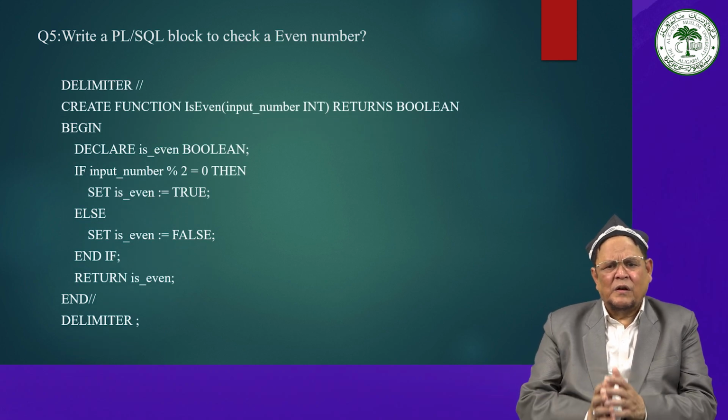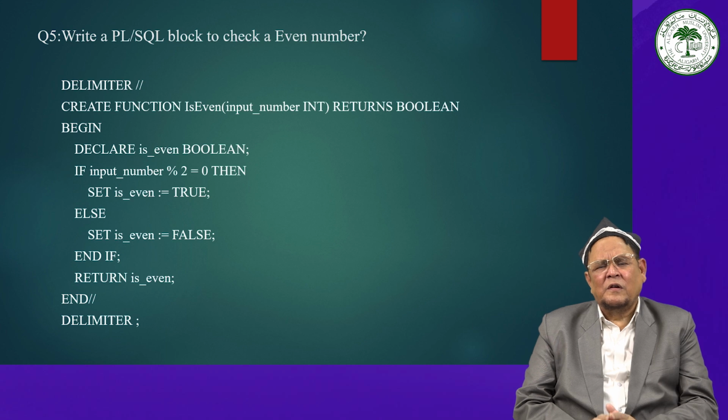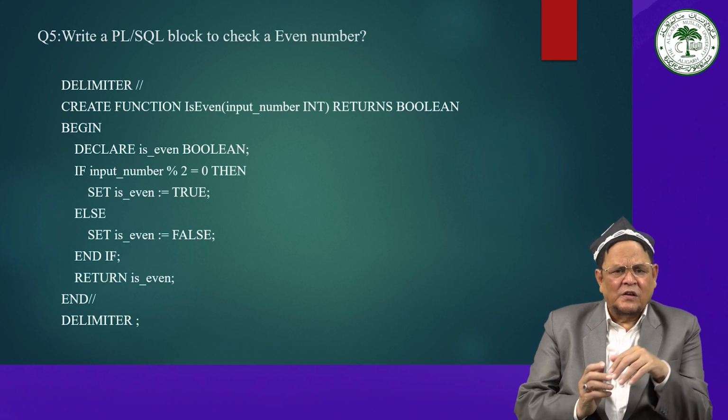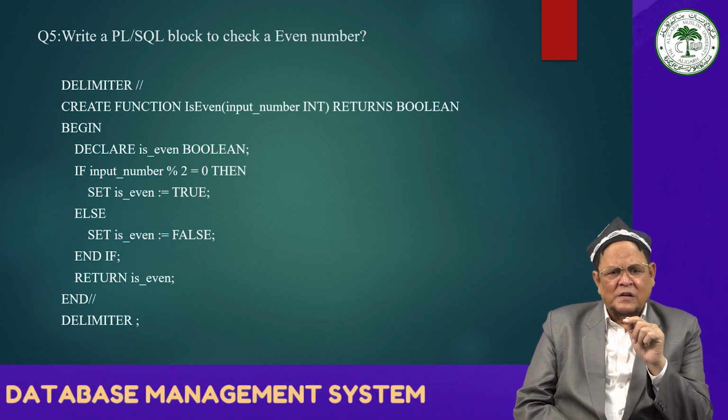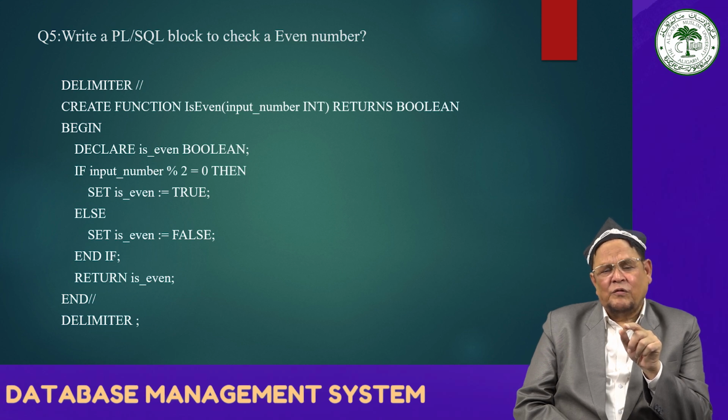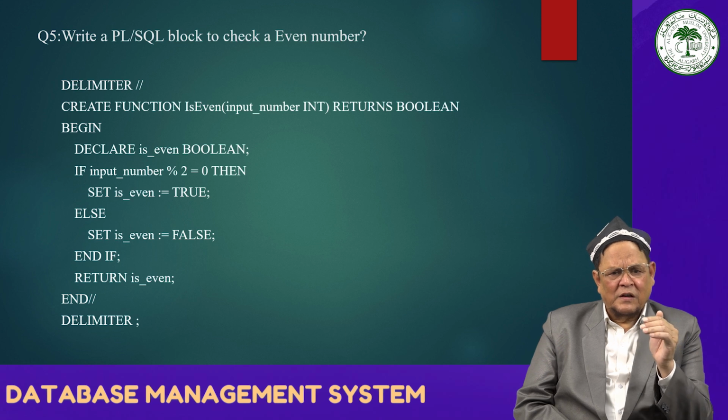Here, to find an even number, you divide by 2. So here also you have to write delimiter double slash and then create function is_even. Within parentheses you give the input number, of type integer, returning a boolean. Begin and then declare is_even boolean.